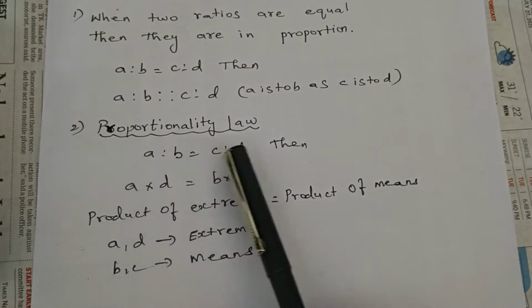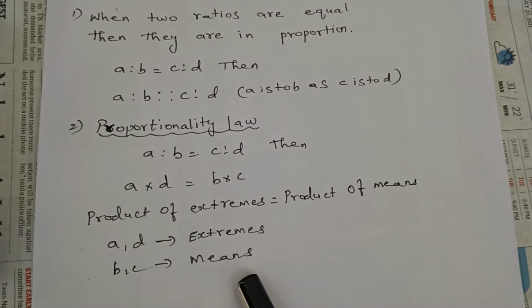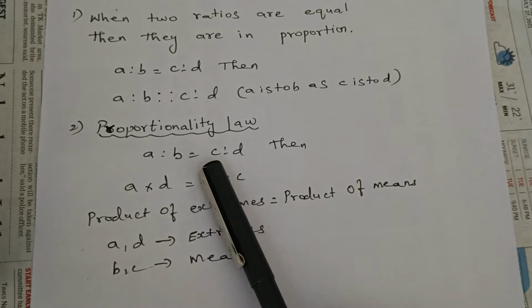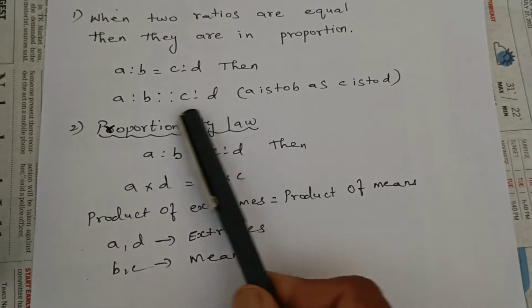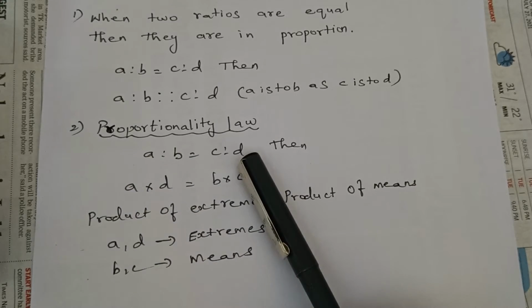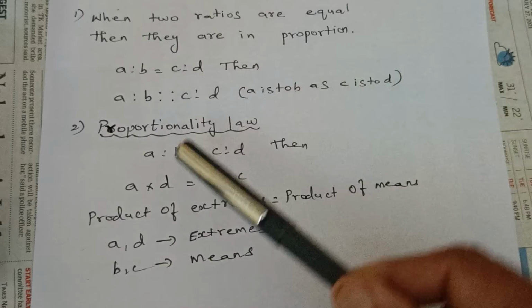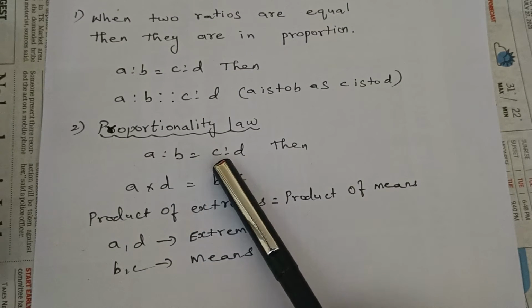The terms A and D are called extremes and B and C are called means. Means they are in the middle. So when there are four terms in a proportion, the left corner and the right corner terms are called extremes, and B and C are called means.